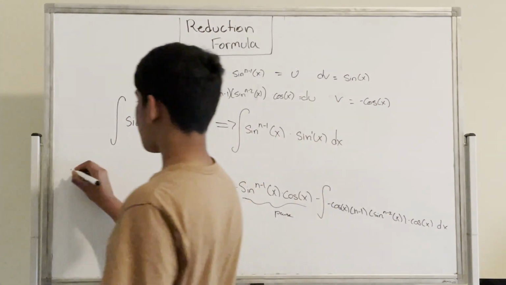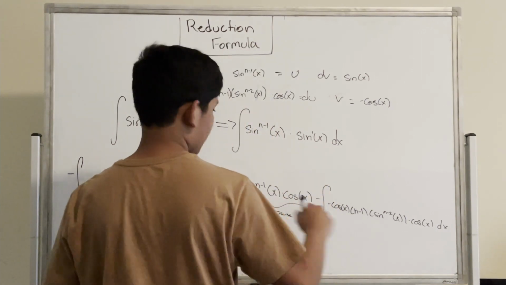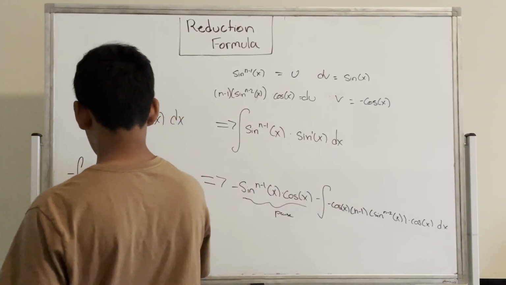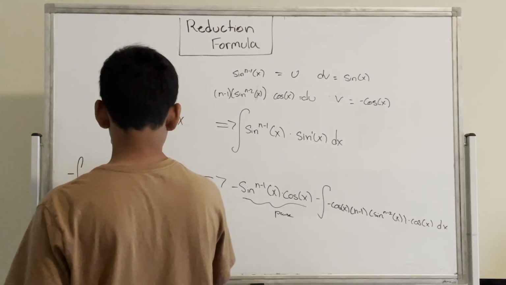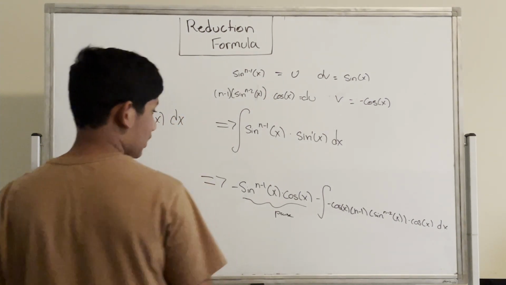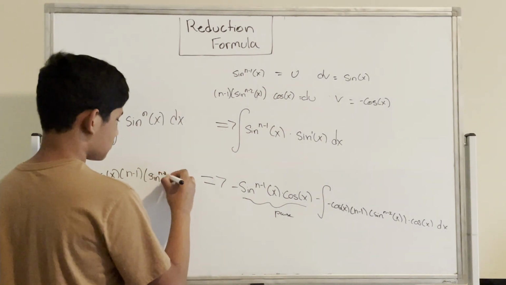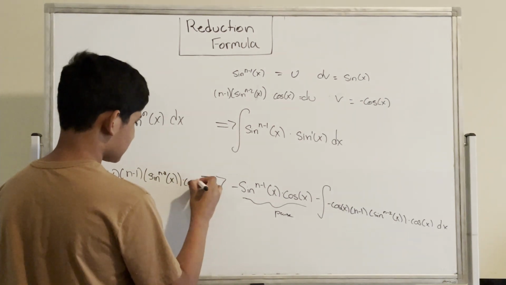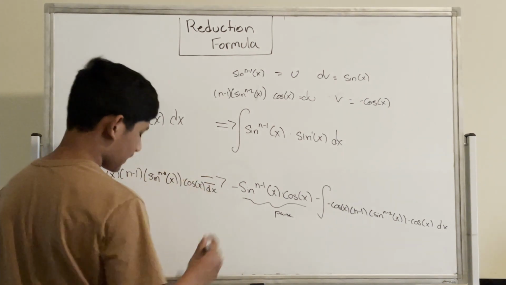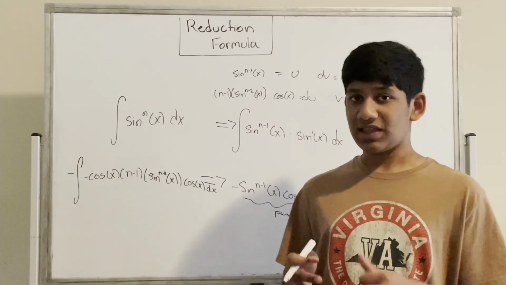So as you can see, we have minus the integral. So we're pausing this part of minus cosine of x times n minus 1 times sine n minus 2 x times cosine x dx. Now, you might be wondering about the technique that we talked about.